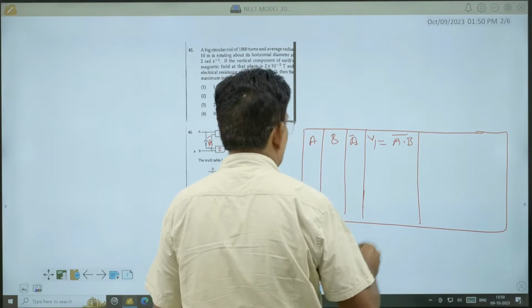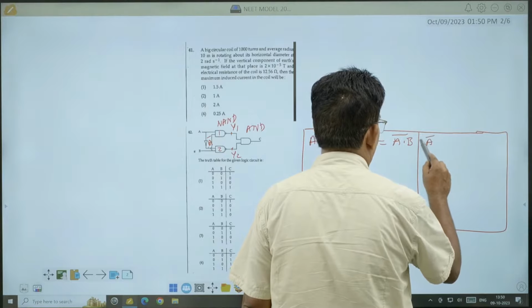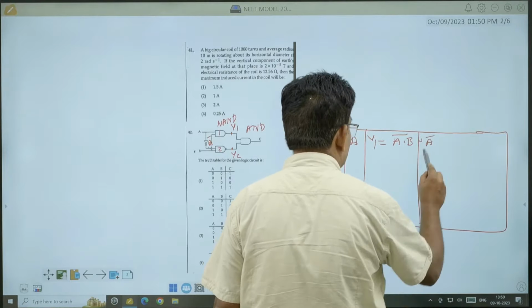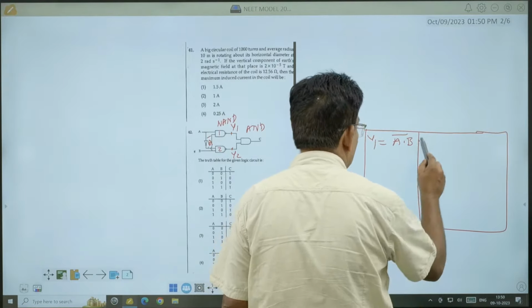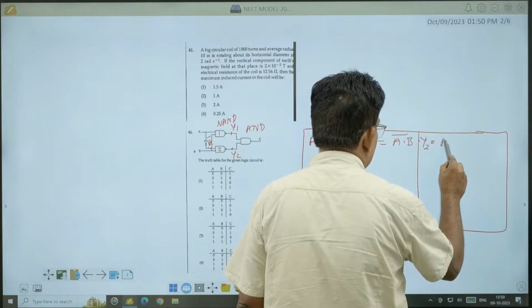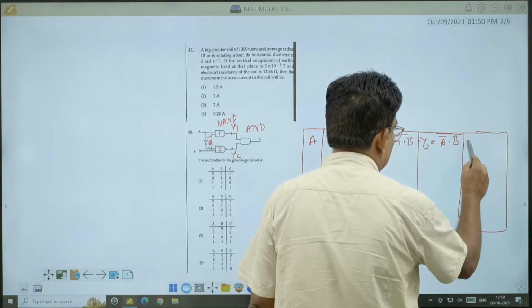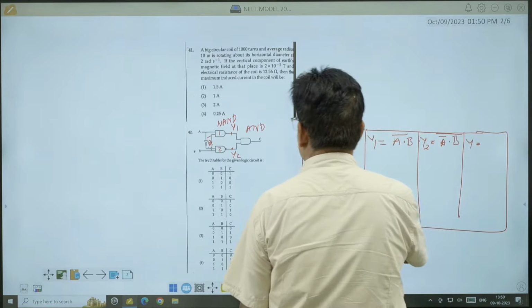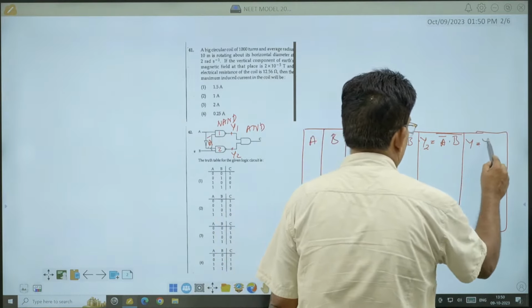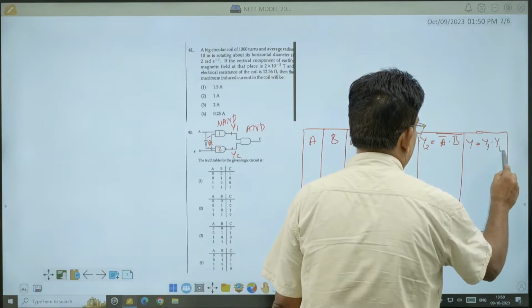So Y2. Y2 is A bar and B, whole bar. Then Y is the final output at C, which is Y1 and Y2.